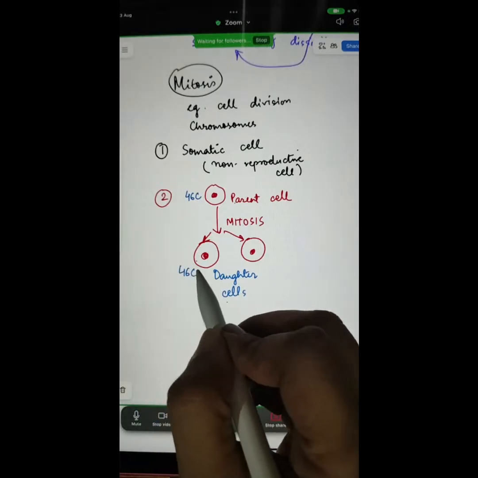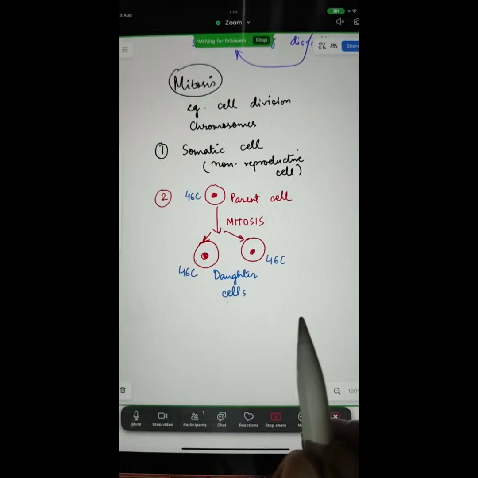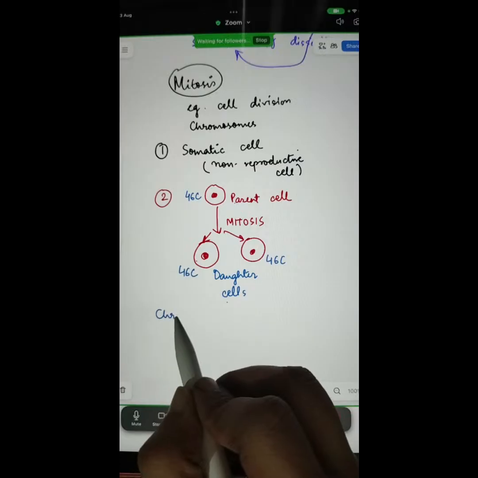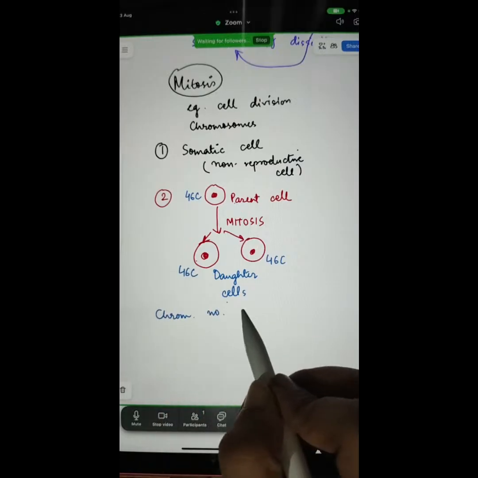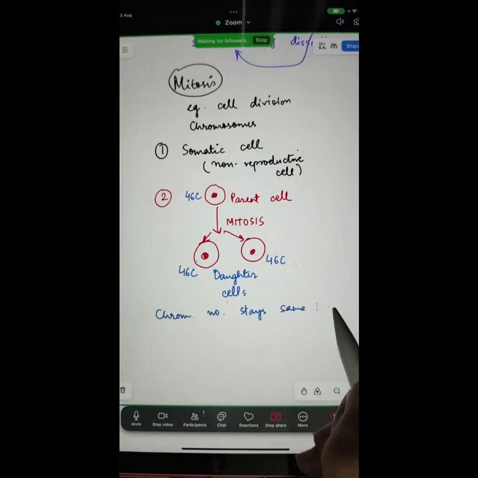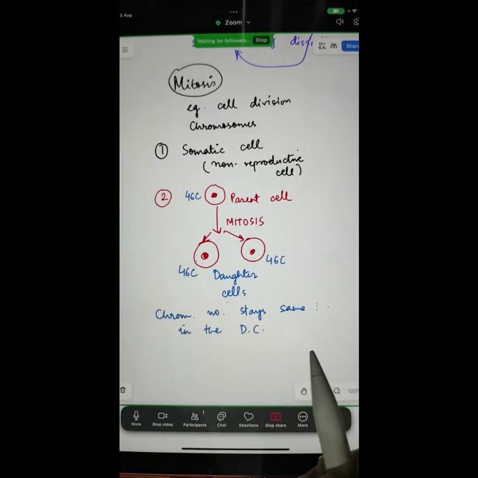And the chromosome number in each daughter cell will stay the same as that of the parent cell. So if the parent cell has 46 chromosomes, the daughter cells will also have 46 chromosomes. So an important thing to write down is that chromosome number stays the same in the daughter cells. So in case we would have started with chromosome number 20 in the parent cell, then daughter cells would have also received 20 chromosomes each. This is the second thing, okay?